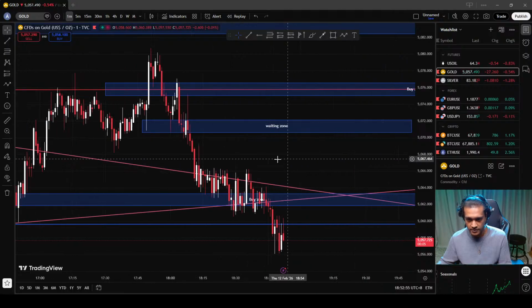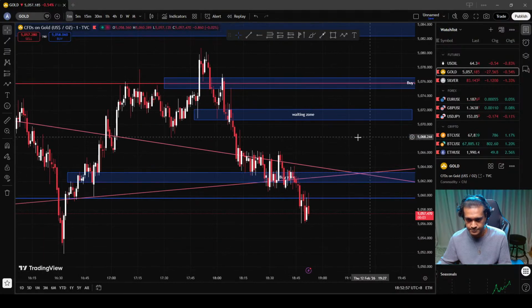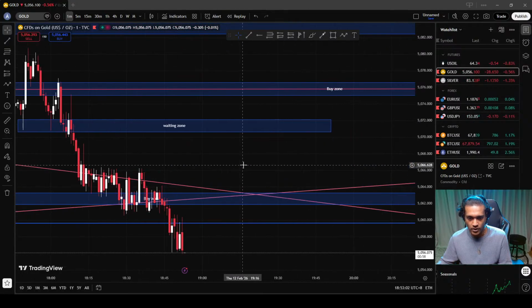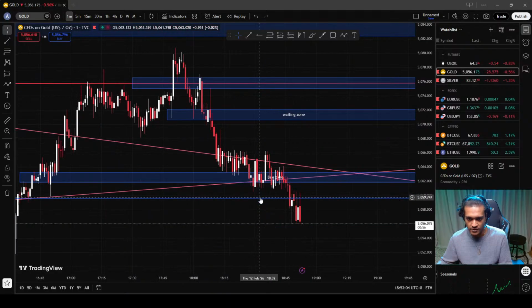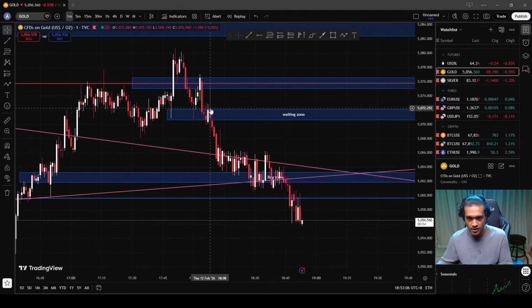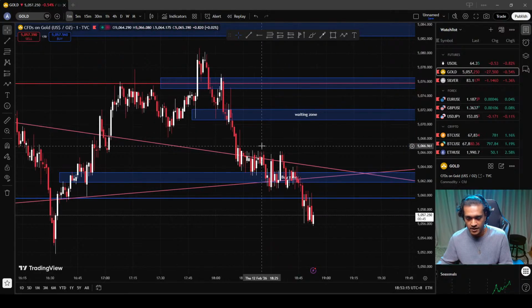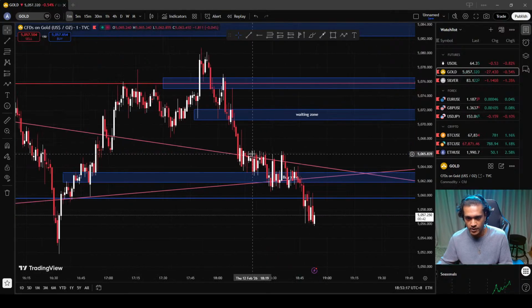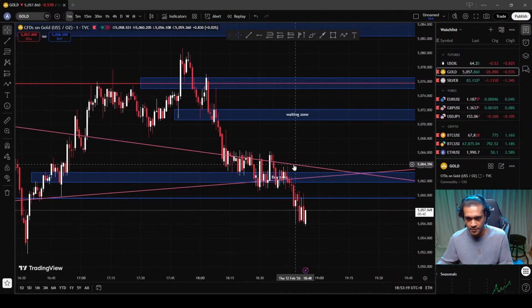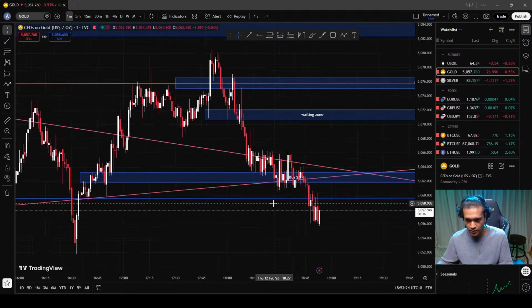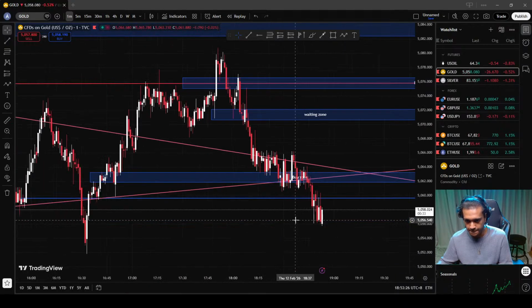Such a disrespect. So this is the reason why we need to look at M1. This is the manipulation one that we were talking about. Manipulation shows there's a breakout, but it wants to make a pullback after a major breakout, but it didn't. It failed. It came back to our downtrend trend line, broke out our downtrend trend line, broke out our uptrend trend line. Also, right now, it broke out our support.